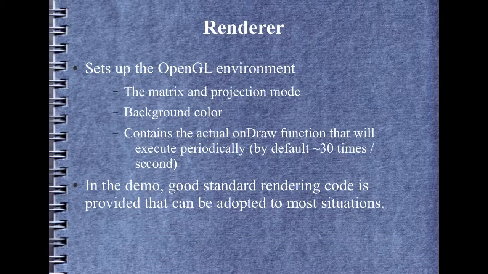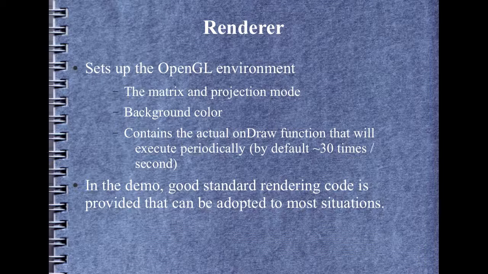So what's this renderer? This renderer sets up the OpenGL-ES environment. So things that are looked for in this renderer to be set up before it's done with its work are the matrix and the projection mode. So we'll look at the camera's view, what it's looking at, its angle, its aspect ratio.